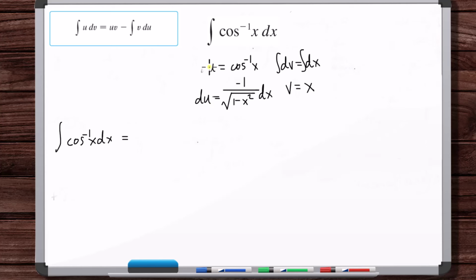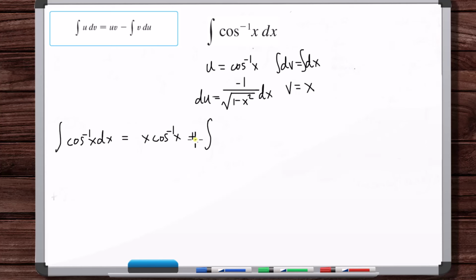This is u. This is u, yeah, there we go, okay. u times v is x inverse cosine x minus the integral of v du.